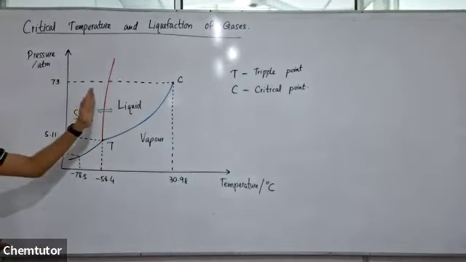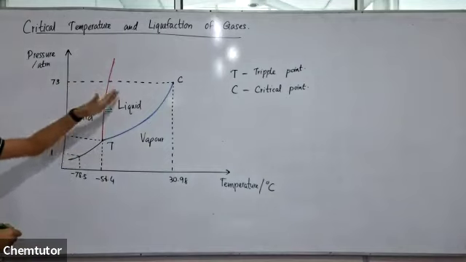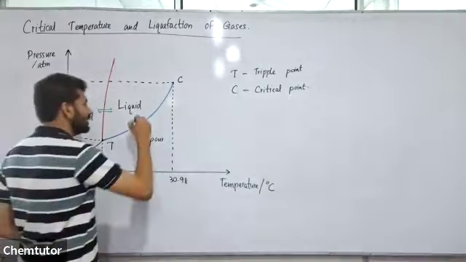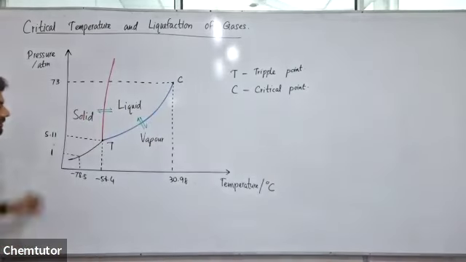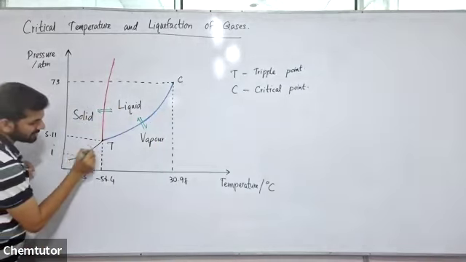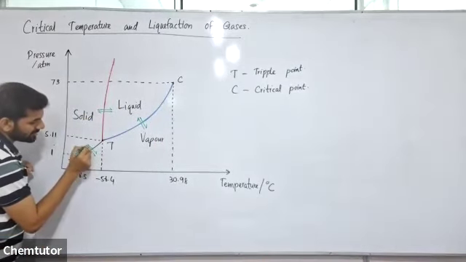Solid to liquid and liquid to solid will happen under these conditions. Here, liquid into vapor and vapor into liquid, interconversion is across this curve. Here, solid to gas and gas to solid as well.